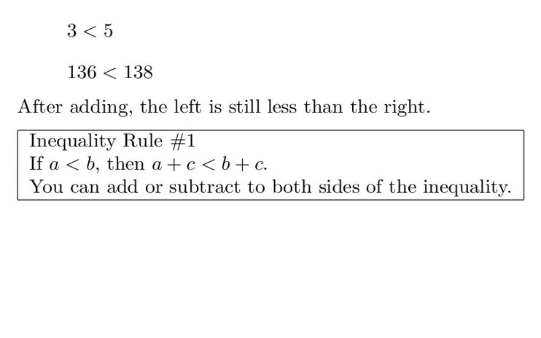So let's move on to the next rule. Let's go back to the original inequality that we had before. 3 is less than 5. Let's go ahead and multiply both sides by 11. And note that 11 is a positive number. So when we multiply 3 by 11, we get 33.